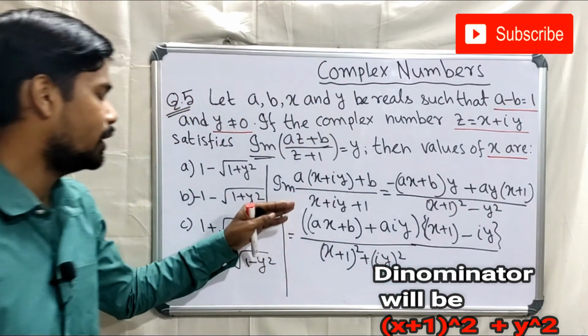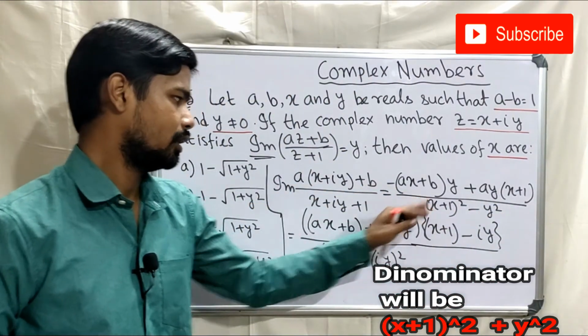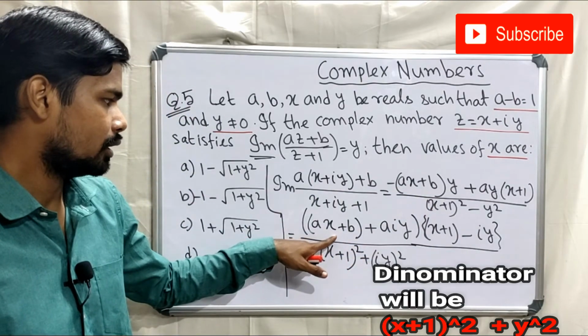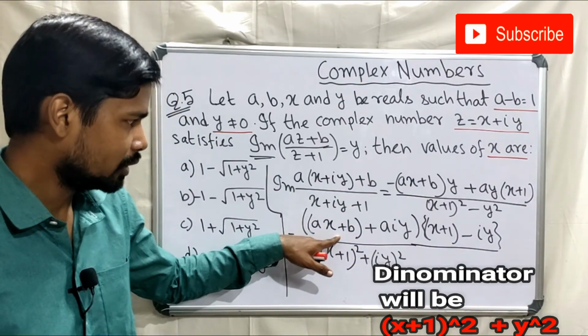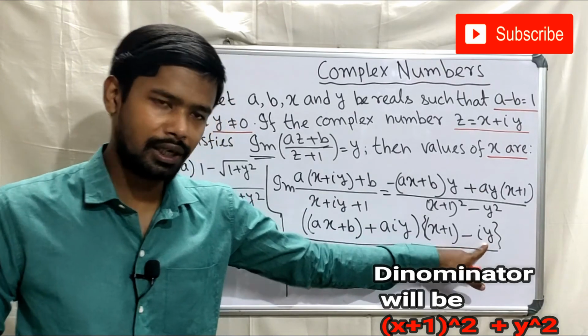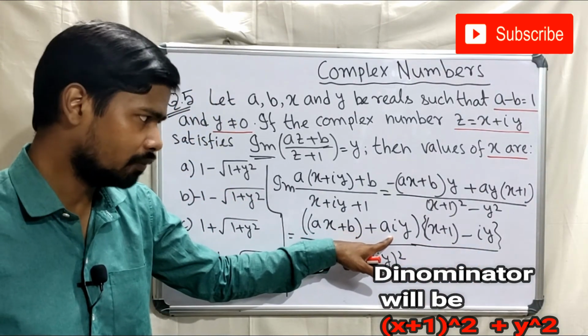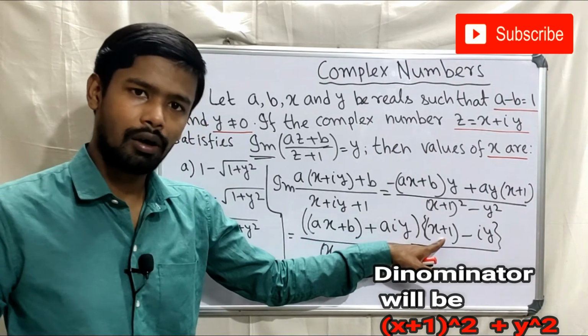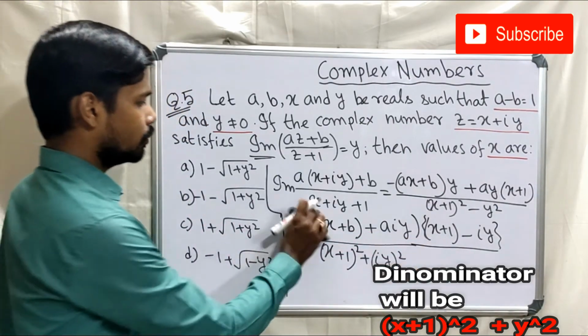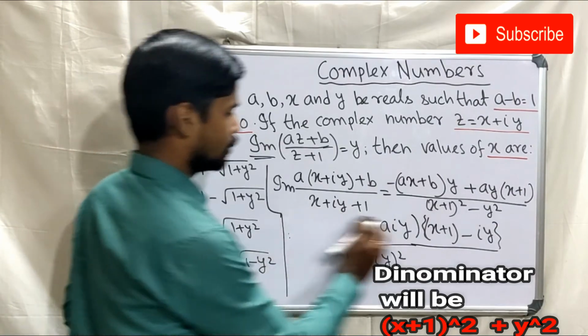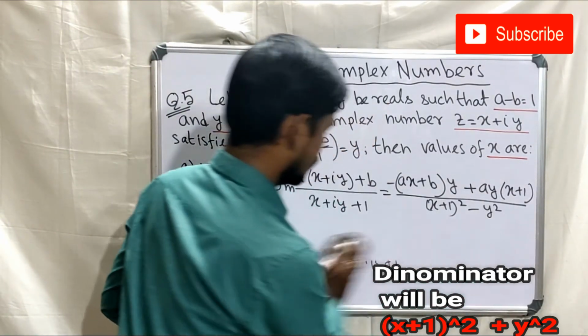Look, we have only written the imaginary part here. How to get the imaginary part? Real part of the first term into the imaginary part of the second term plus imaginary part of the first term with the real part of the second term. So we have the imaginary part of the given complex number.